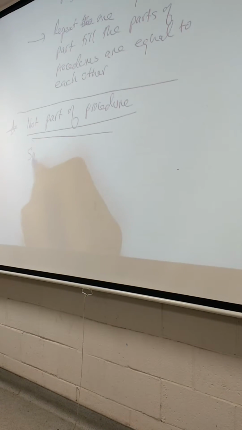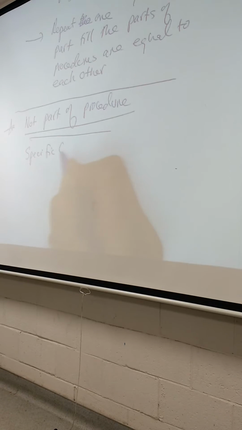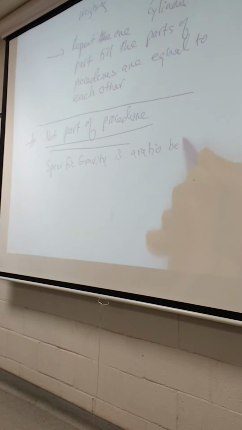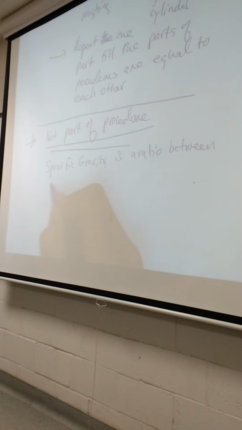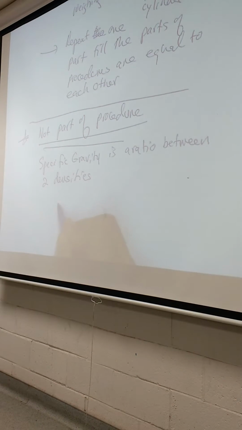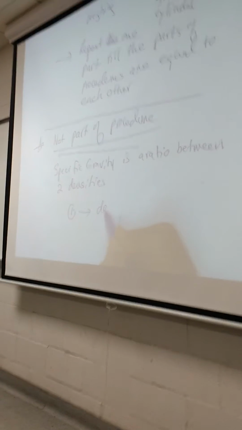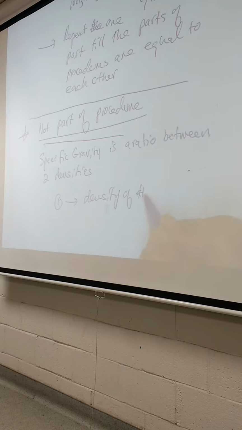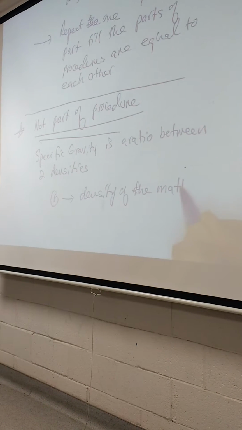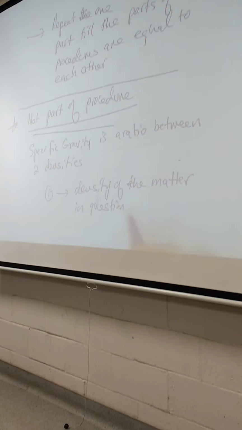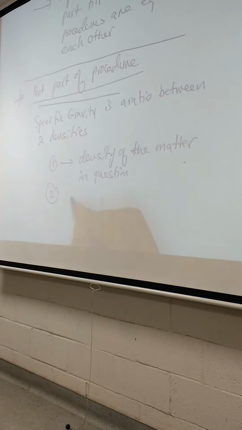So specific gravity is defined as a ratio between 2 densities, correct? The first density is the density of the matter in question, correct? And the second one, density.